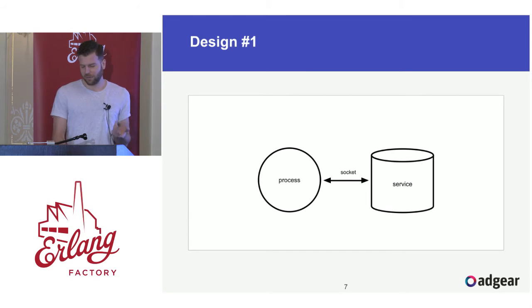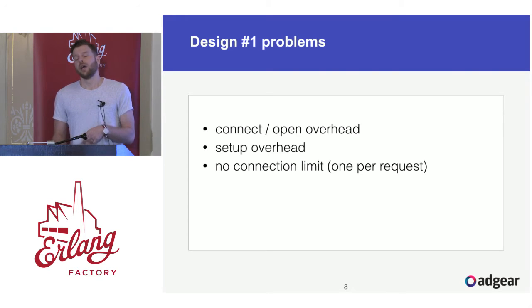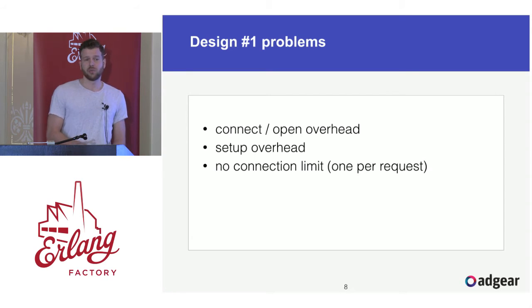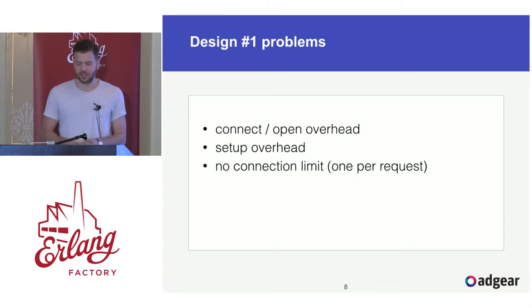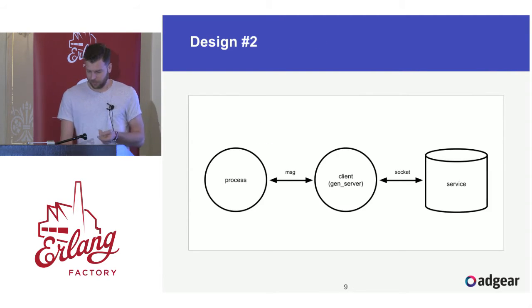If you have to do like 5 requests a second, that's fine. But obviously there are problems. There's a lot of overhead in doing the connection or opening the socket. There can also be setup overhead if, for example, your protocol needs to be initialized or you want to set default values. And there's no connection limit, so you can run out of FDs and of memory.